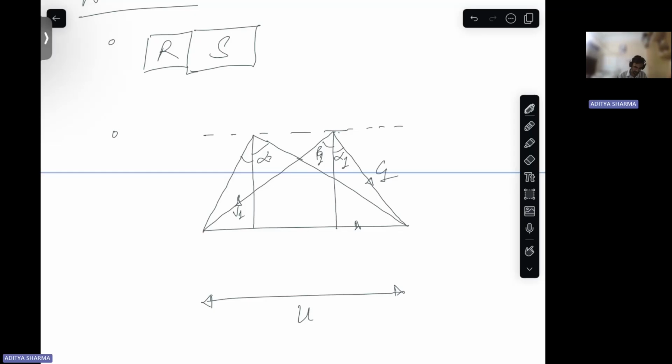Then this is alpha 2. This is beta 2. This is V2. This is C2. Your absolute velocity will divide into axial direction and tangential direction. So there is no radial component involved.